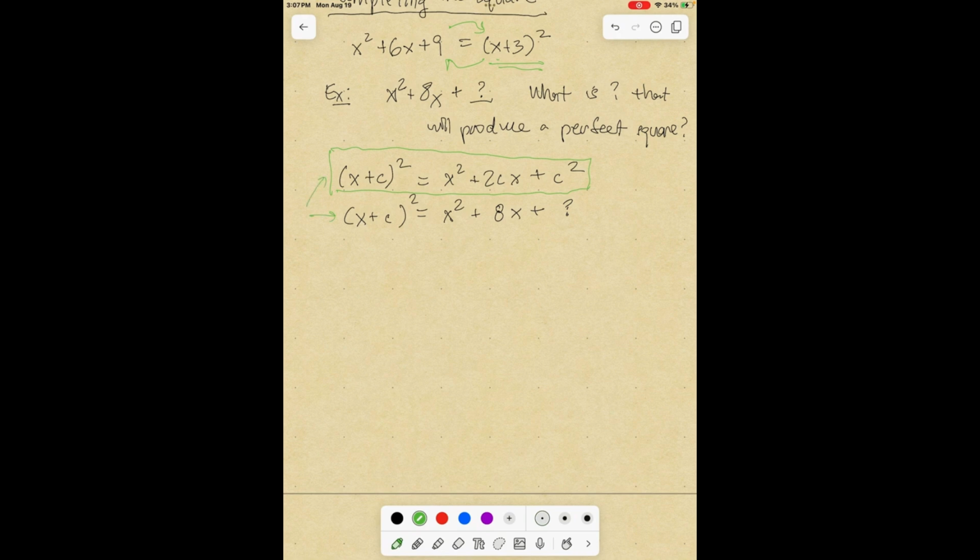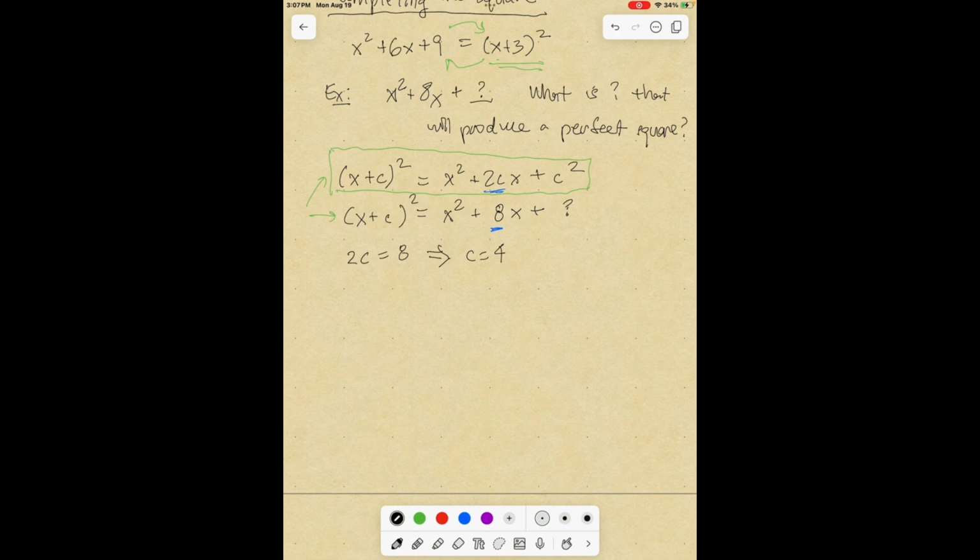And if you look at the coefficients of x, the coefficient of x is 2c, that's being multiplied by x, and in the example that we have, 8 is being multiplied by x. So if you want to match these two equations, then we have to have that 2c is equal to 8, because they're the coefficients of x. And therefore, c is equal to 4.